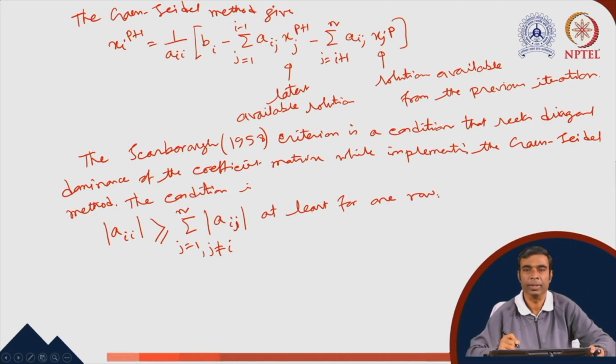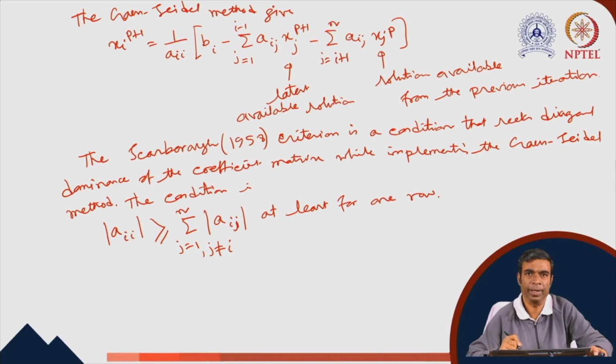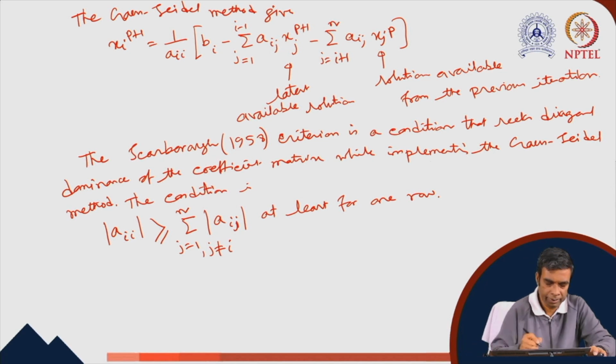It means that this Scarborough criterion suggests that at least one of the rows in the matrix should be diagonally dominant so that we get a converged solution of the Gauss-Seidel solver. Now, this Scarborough criterion is a necessary condition but not a sufficient condition, and because of that we can sometimes find solutions that converge even without satisfying the Scarborough criterion.